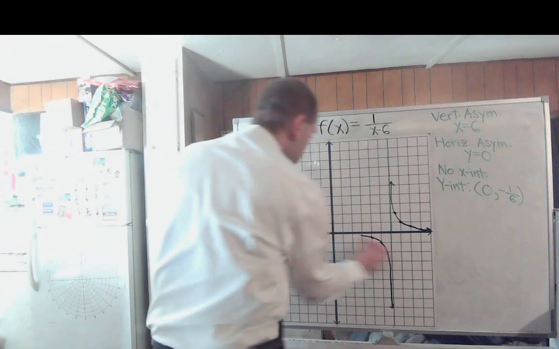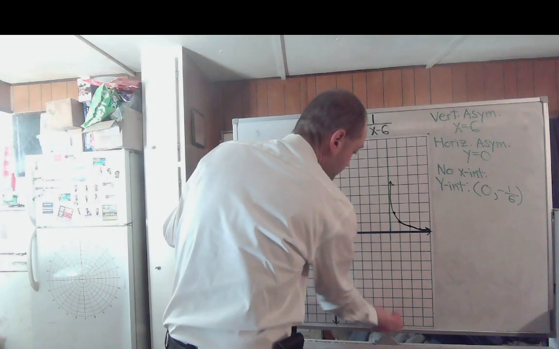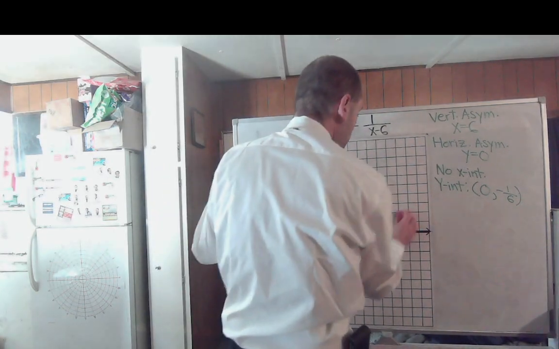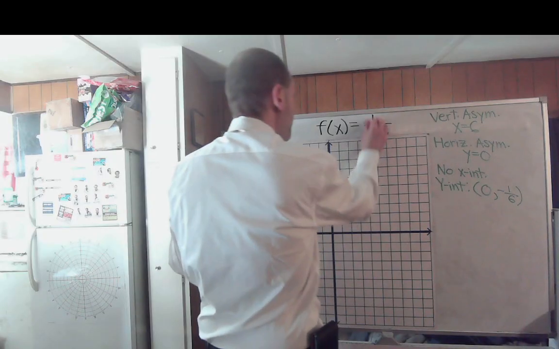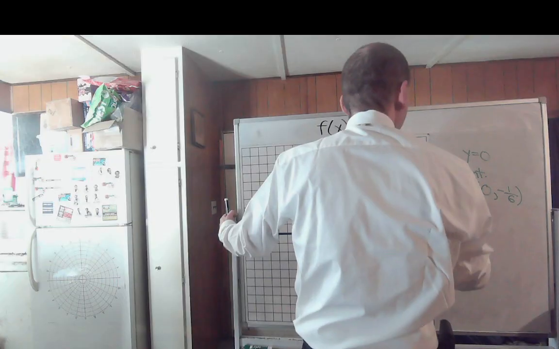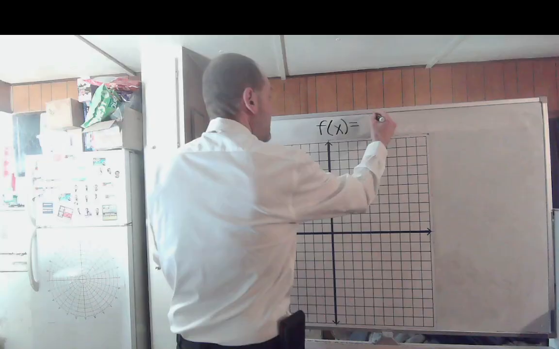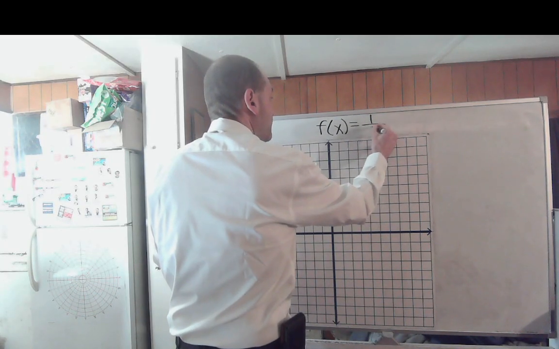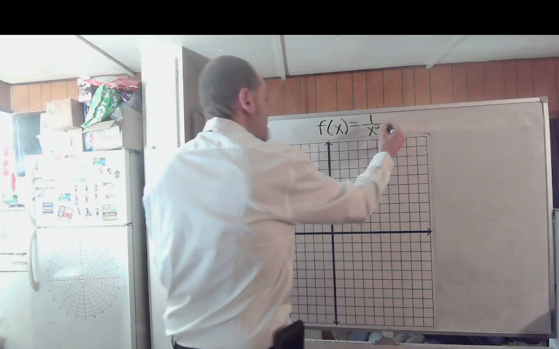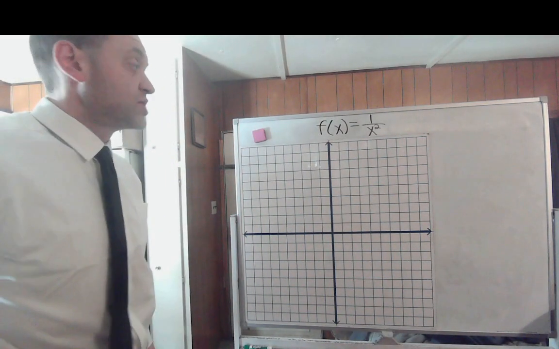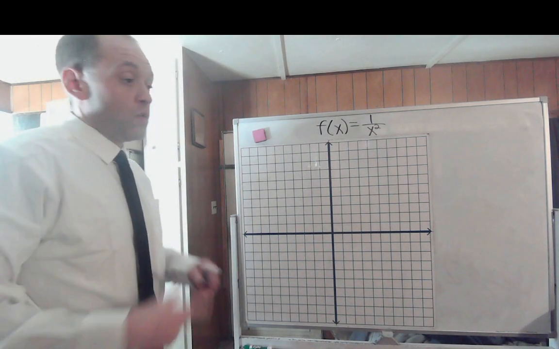Now let's do one here. We'll actually do two more where the degree is less. What if I did this? 1 over x squared.